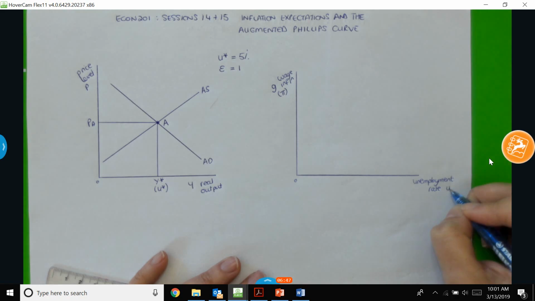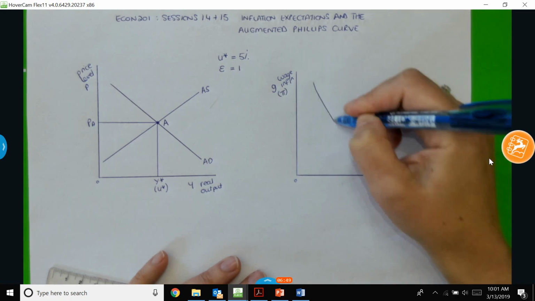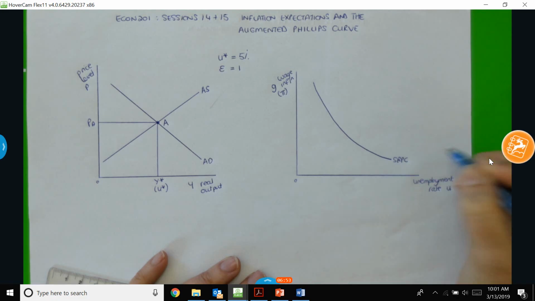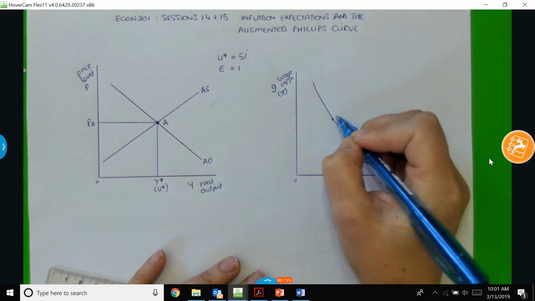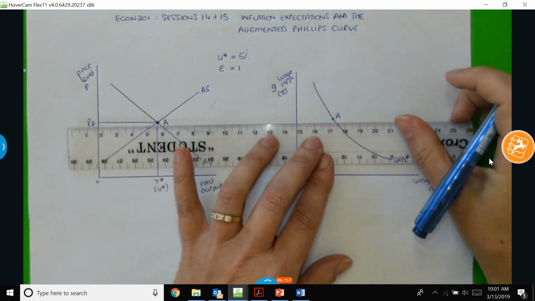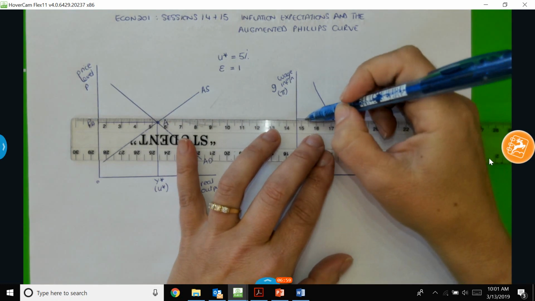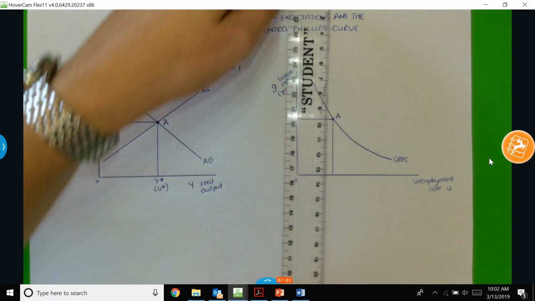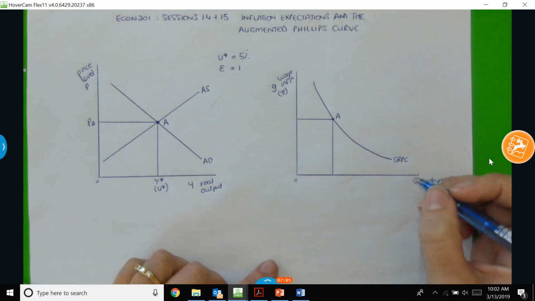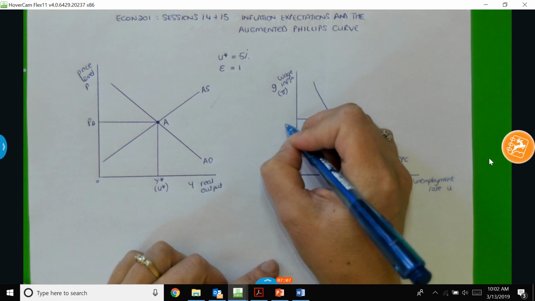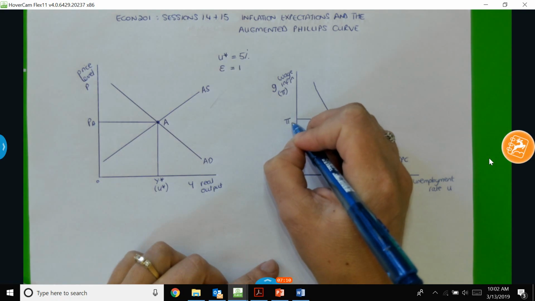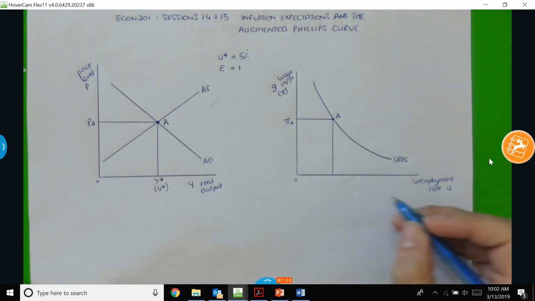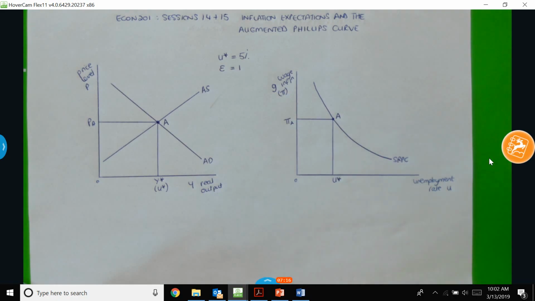And the unemployment rate is U. We start by drawing in the short-run Phillips curve, or the simple Phillips curve if you want to call it that, and marking off point A. And if you recall from the last video, point A on the Phillips curve corresponds to point A on the aggregate demand and aggregate supply model diagram. So here, let's just call that inflation at point A, and the natural rate of unemployment.